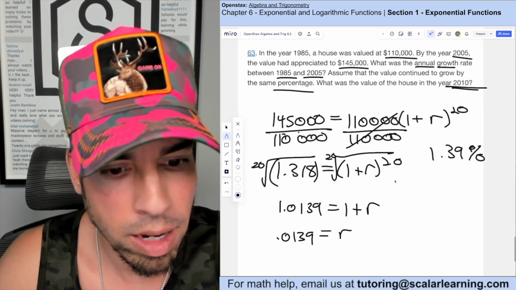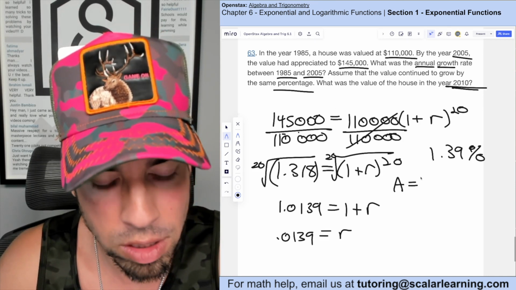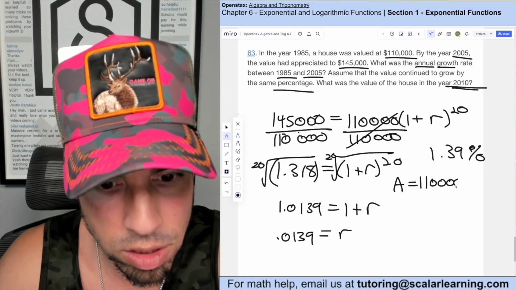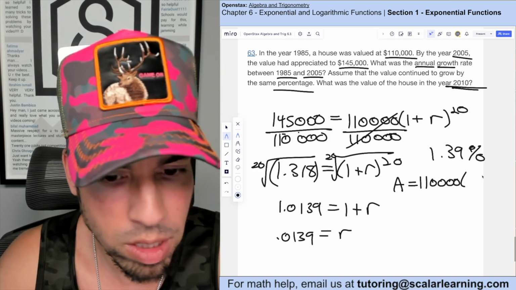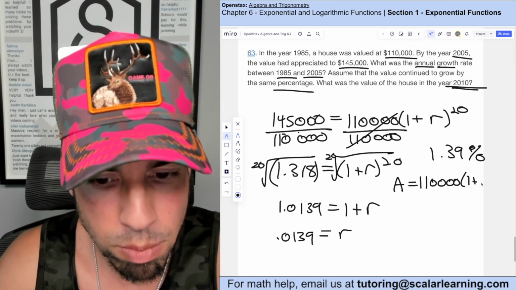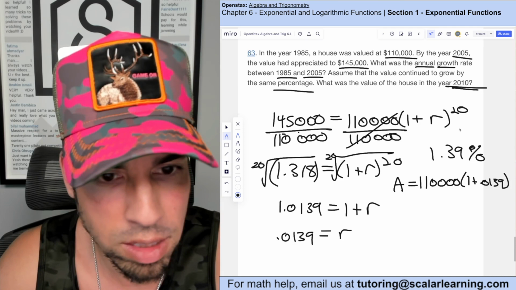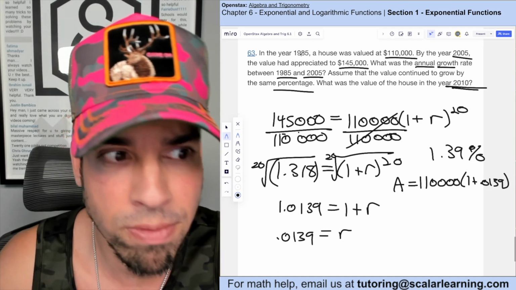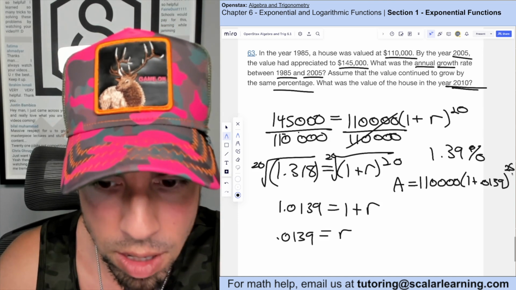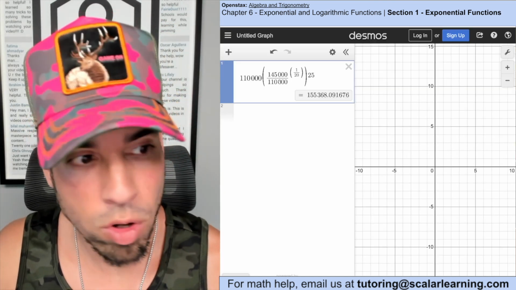So now we can go back and say our value of the house is our initial value, 110,000, times 1 plus 0.0139, and then this is to the, instead of the 20th power, now we're talking about 2010, so that's 25 years from 1985, so 25. This is the exact value, no rounding, right?